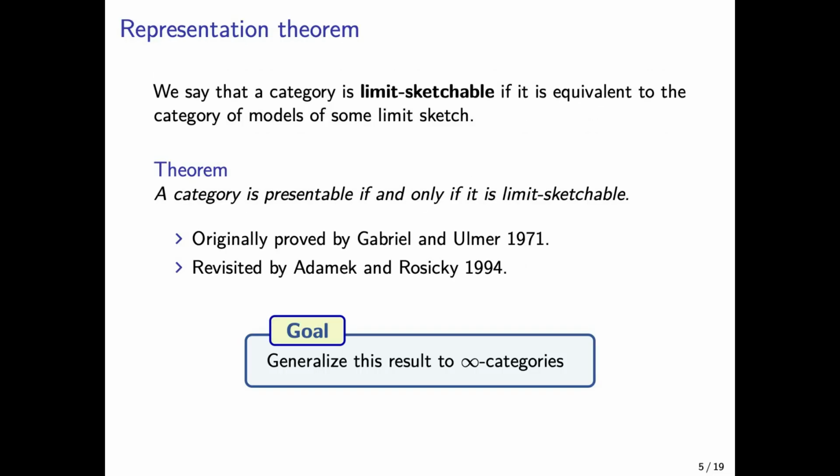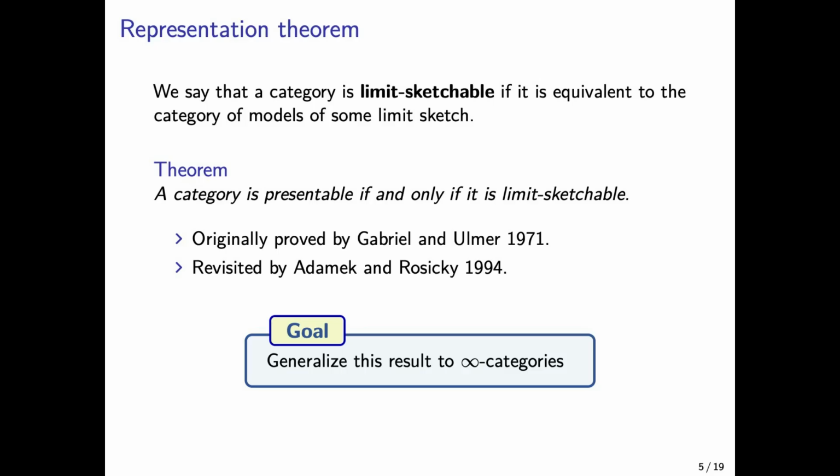What I work on is returning to a classical theorem, which in some sources was called a representation theorem. First, a category is limit-sketchable when it is equivalent to the category of models of some limit sketch. The theorem of interest is that a category is presentable if and only if it is limit-sketchable.